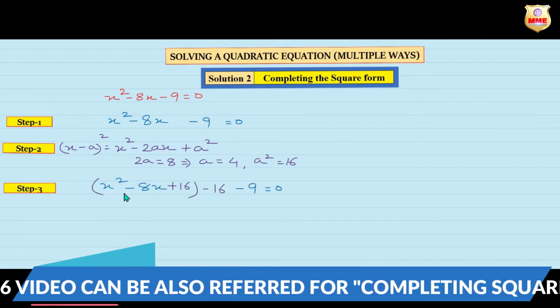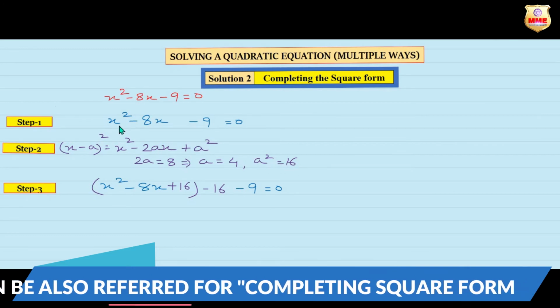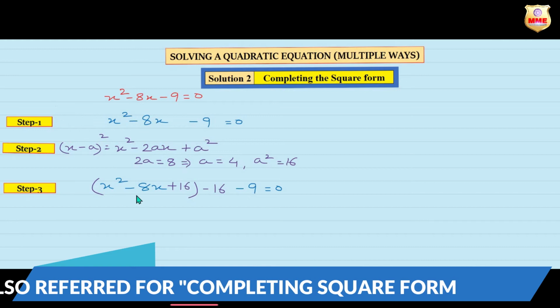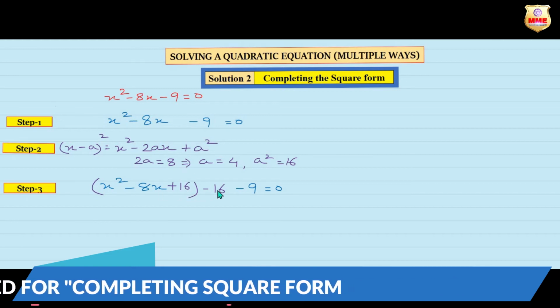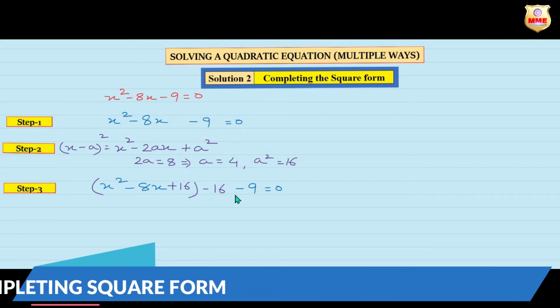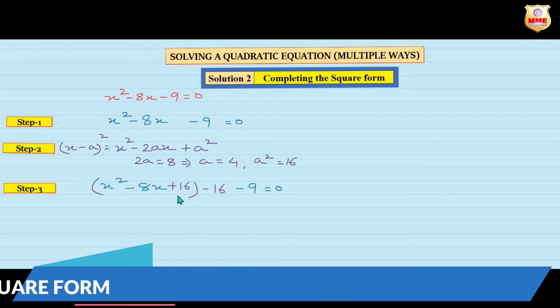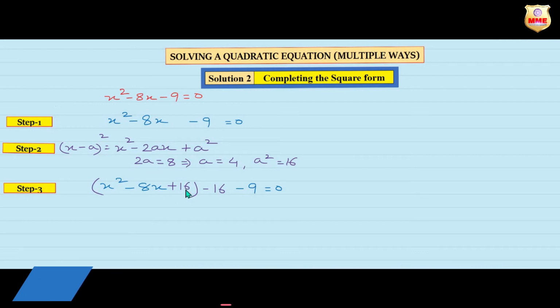Now in the third step, we will place the value of a square in this particular equation. So here it will be x square minus 8x, and in place of a square we will put 16, and correspondingly we will deduct the value of 16 from this equation so that this particular equation does not get affected. So if you compare this equation with the first equation, there is no difference. Just we have added the 16 here and subtracted 16 here.